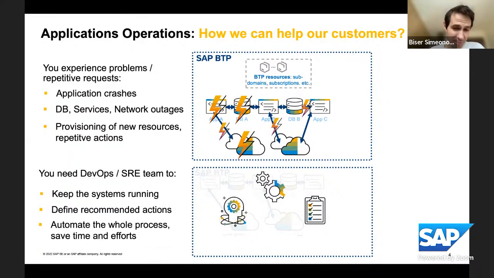And on top of it, once we have the systems up and running and we have the recommended actions, we would like to provide tools so we can automate the whole process. In case there's a potential issue that might happen, we want to be able to detect that issue before it actually happens. In case we would like to apply recommended actions to fix that potential issue or to automate our work, we would like to apply those recommended actions automatically and be able to configure, of course, the whole process.